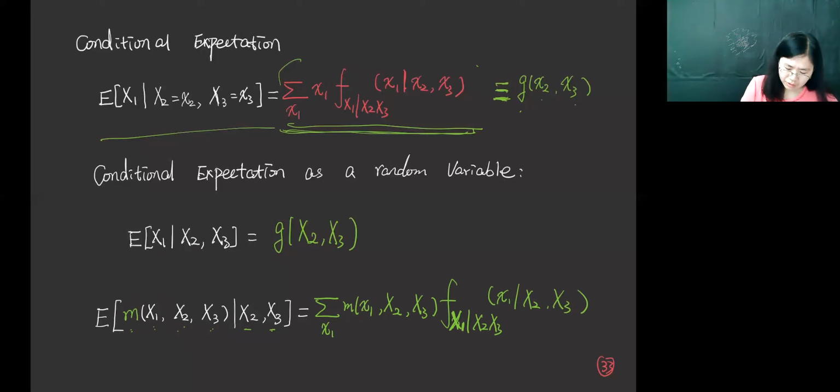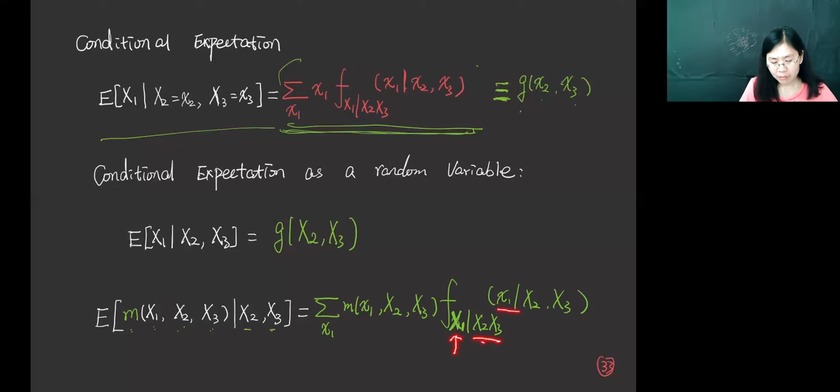Okay, so let me explain a little bit the notation. I should have explained earlier. When you write the subscript of a probability mass function, we always use the capital letters because the subscript tells us what this PMF is for. So this PMF is the conditional PMF of the X1 random variable given the values of the X2 and X3 random variables.